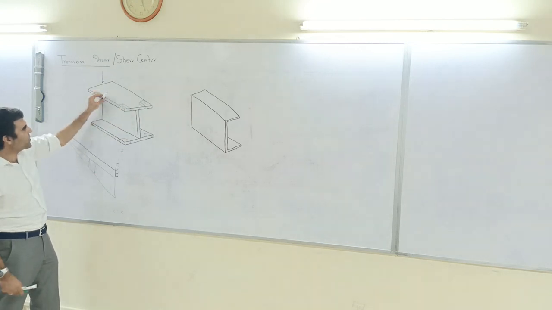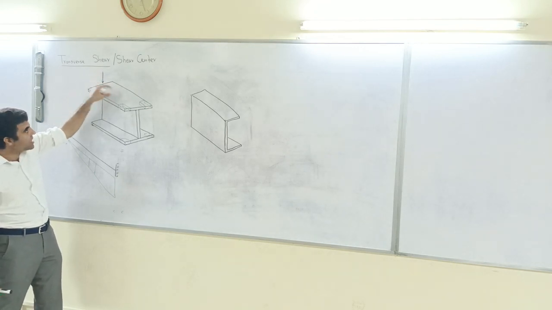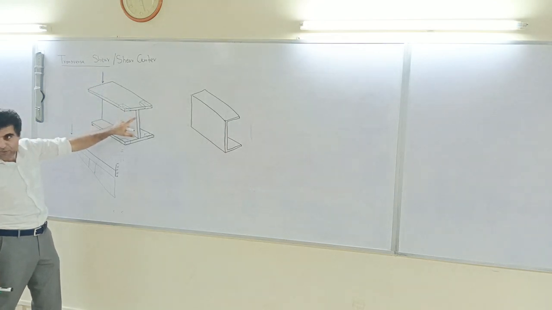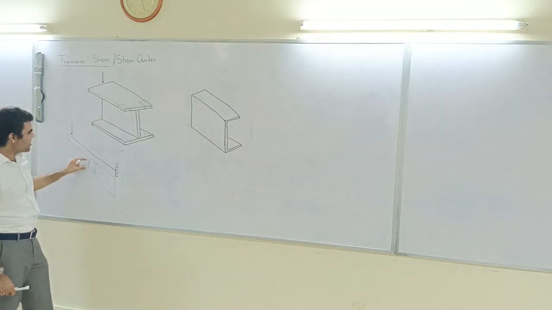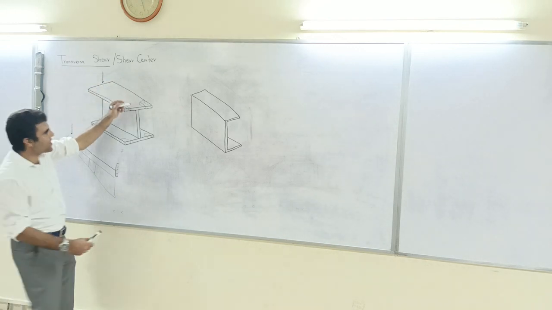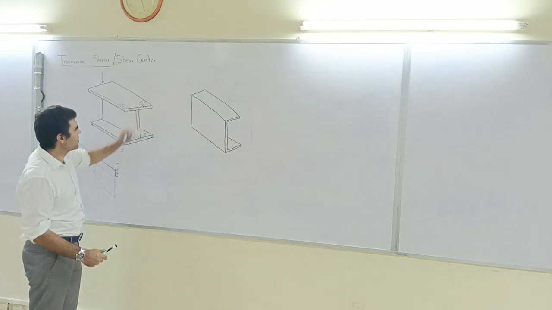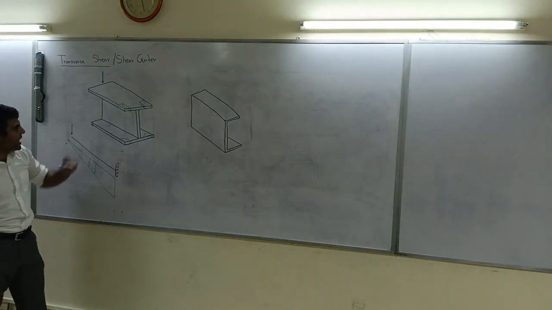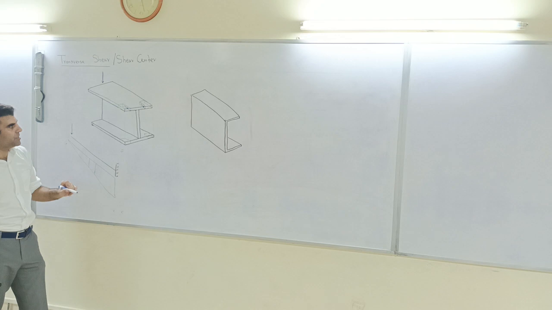Now, because the moment closest to the support is bigger than the moment closest to the load, that tells me that I have to apply load in this direction. In this direction. Okay, and similarly I have to apply load in this direction.